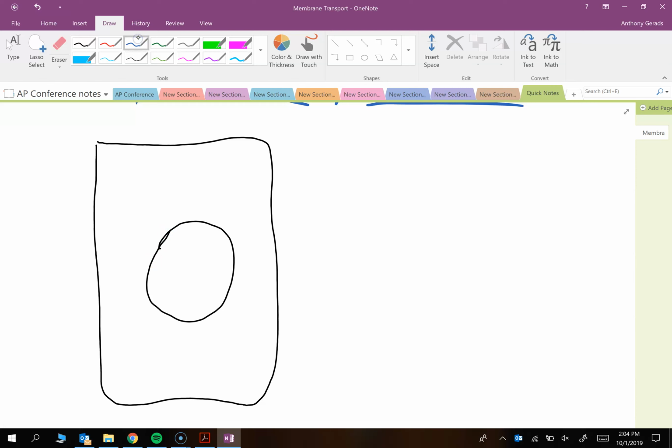So I'm going to draw a couple things for this. And in this, I'm going to say I've got a water molecule. And I've got this round circle, which is going to be solute.